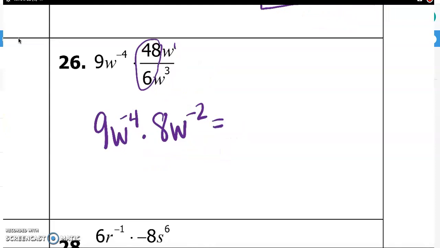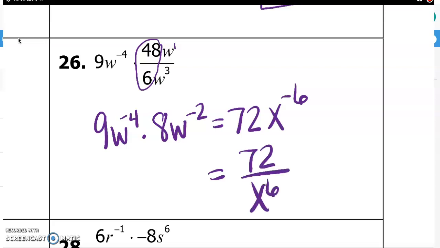Then we multiply our numbers, 72x to the negative 6th when we add those. So our final answer needs to take that down to the bottom, 72 over x to the 6th.